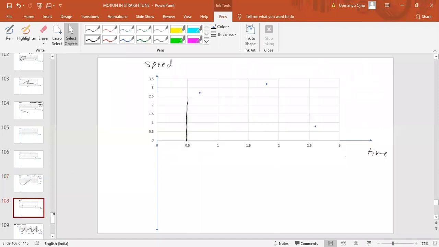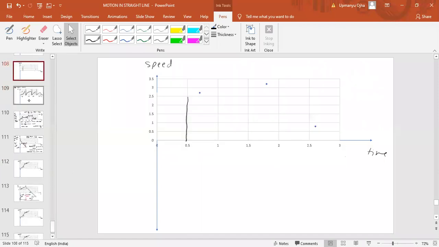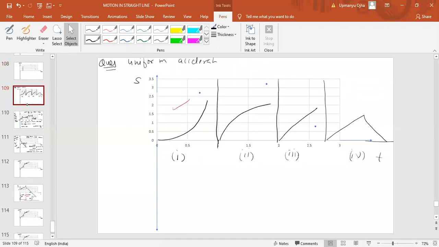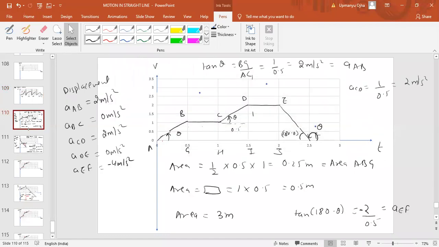Uniformly decreasing acceleration means the acceleration is decreasing with time. Like when you're driving the car, you apply the brake slowly, then you increase the brake, then you increase the brake more. Like this, you keep on increasing the brake. Then what will happen? The acceleration will increase, but on the negative side. That is what uniformly decreasing acceleration is, not deceleration.